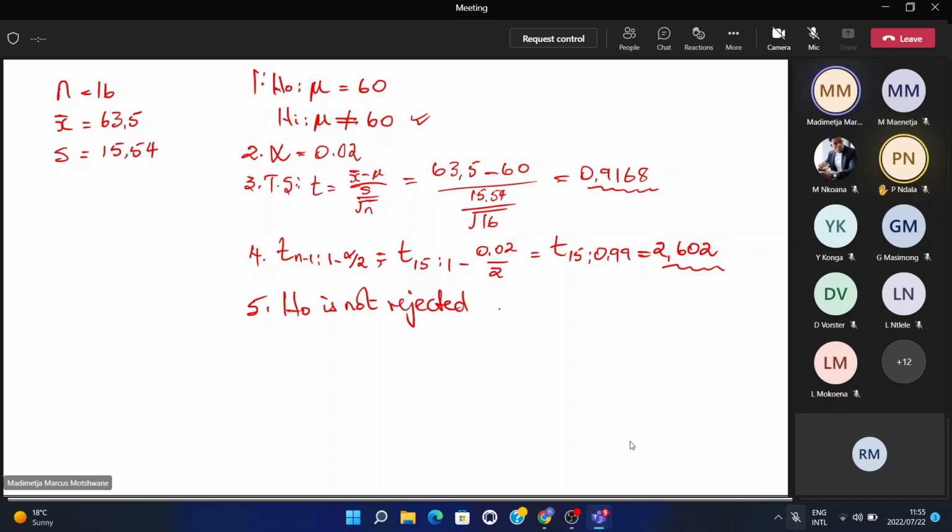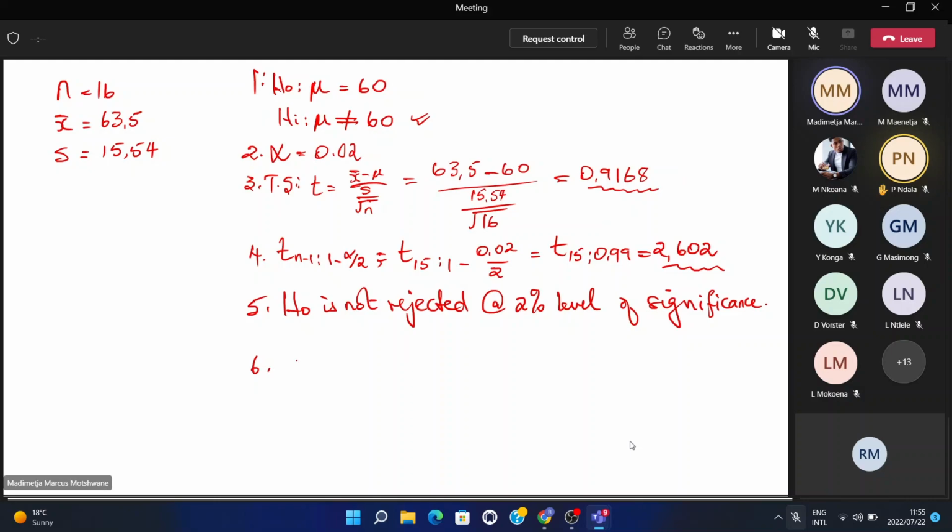The null hypothesis is not rejected at the 2% level of significance. Good.